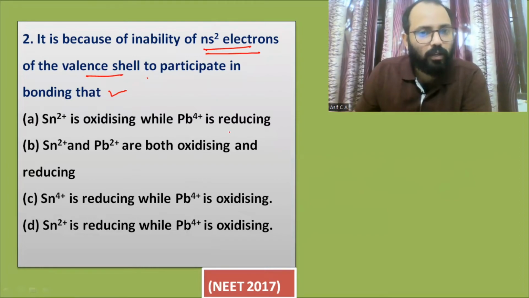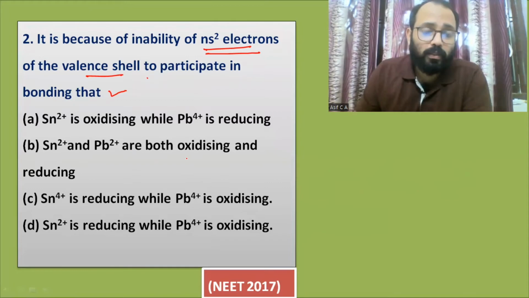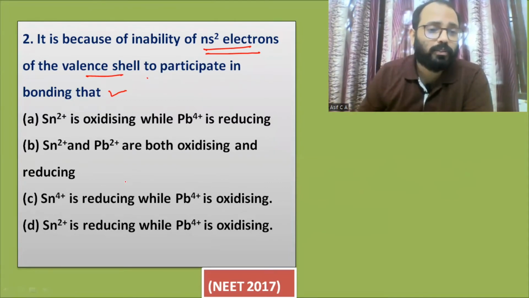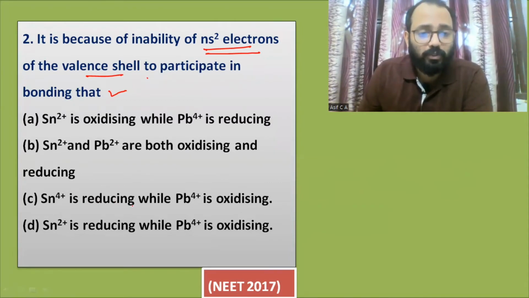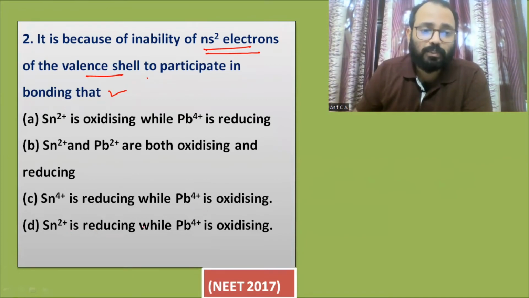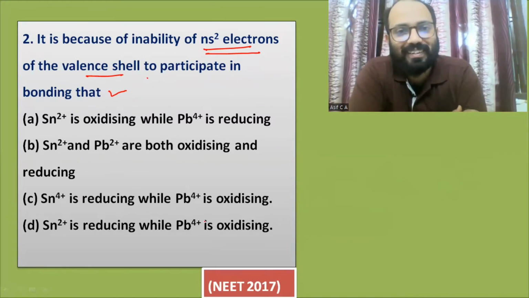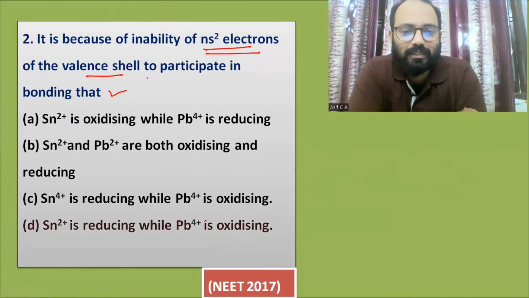Sn+2 is oxidizing while Pb+4 is reducing. Sn2+ and Pb2+ are both oxidizing and reducing. Sn+4 is reducing while Pb+4 is oxidizing. Sn+2 is reducing while Pb+4 is oxidizing. We just saw this. What is going to be the answer?